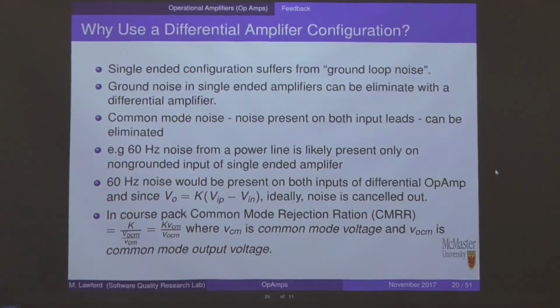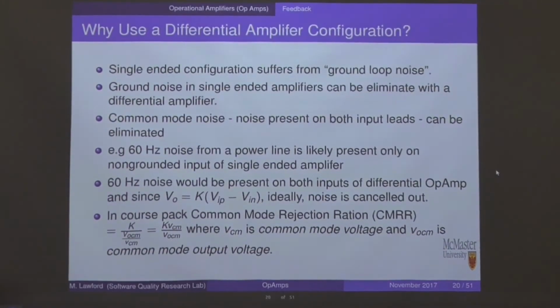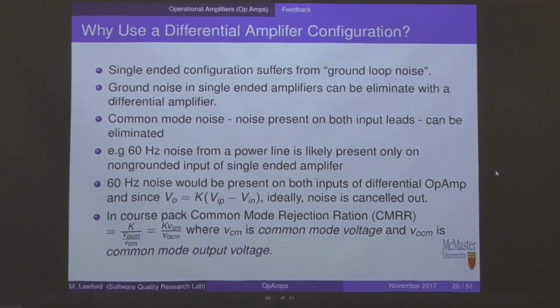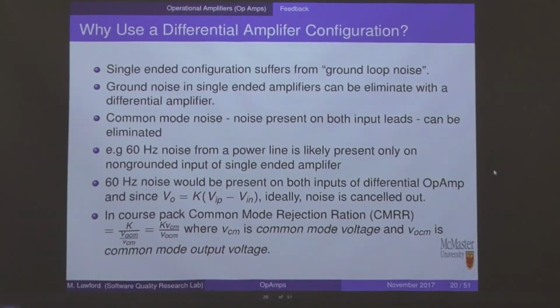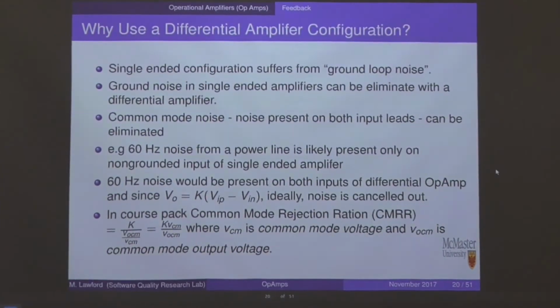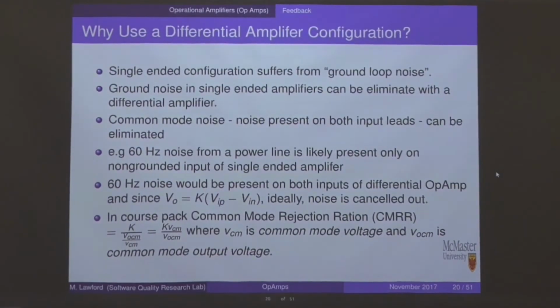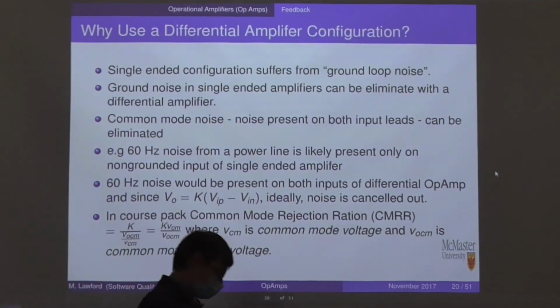So, single-ended configuration suffers from what's called ground loop noise. Ground noise in single-ended amplifiers can be eliminated with a differential amplifier. So that's one reason.